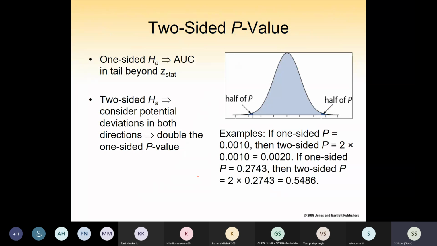And two-sided p-value. As I was saying earlier, it was said half of p, that means this side and this side. If one-sided p is equal to 0.001, two-sided p means twice 0.001. If one-sided p is 0.2743, then two-sided p will be twice that.